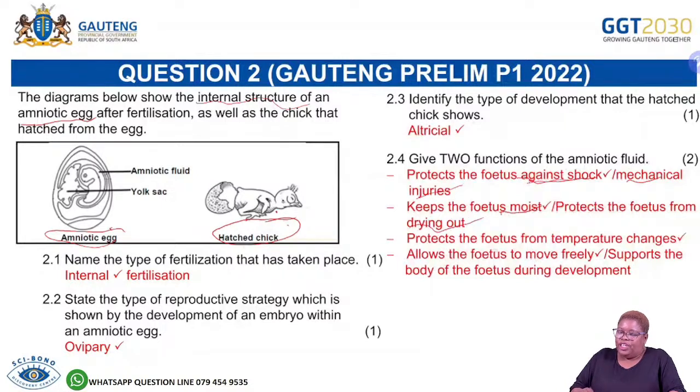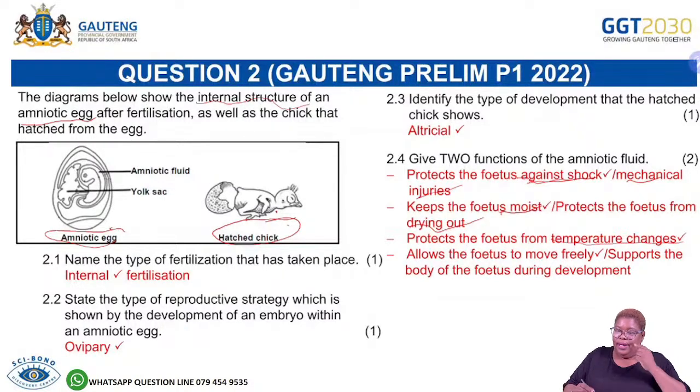The other function: the amniotic fluid protects the fetus from temperature changes, whether it's cold, hot, raining, or too sunny. As a pregnant woman, the fetus in me can survive those changes in temperature.